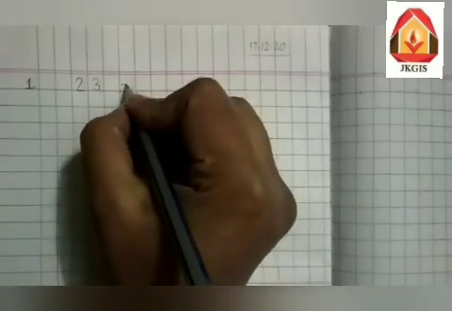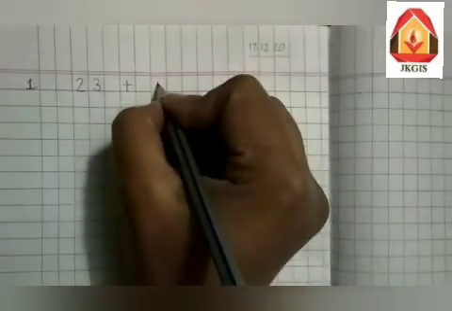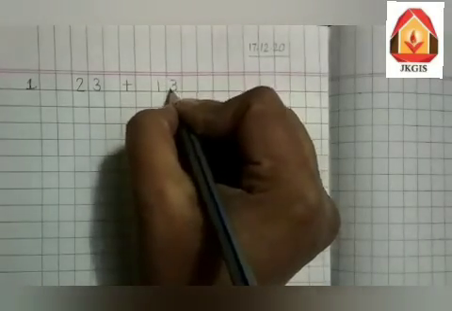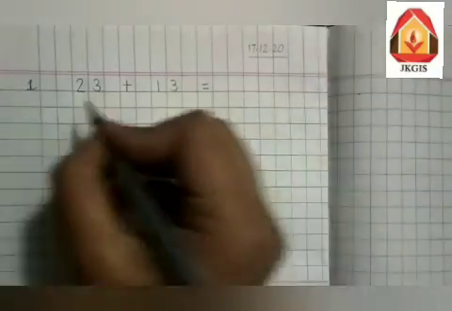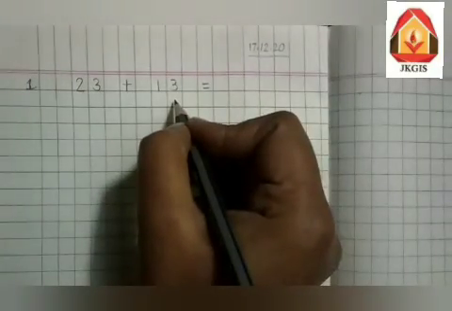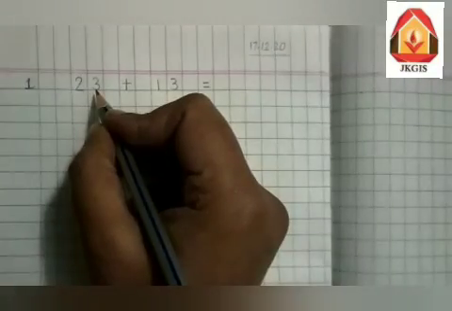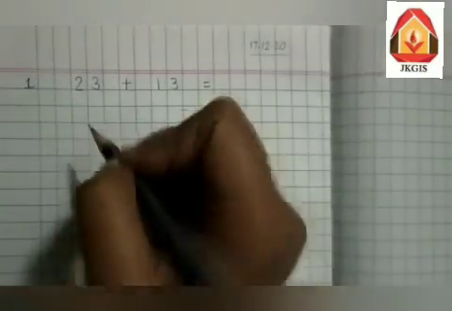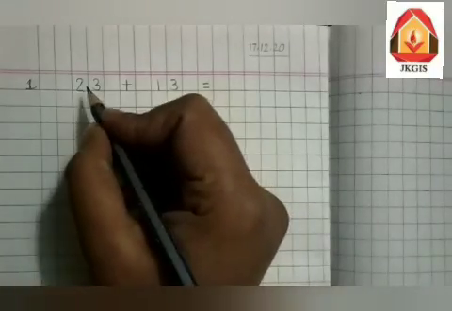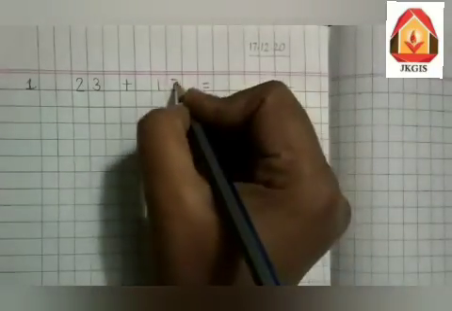23 plus 13 is equal to. So while doing horizontal addition, first we will add the numbers which are on ones place. So let us write the places of the numbers.